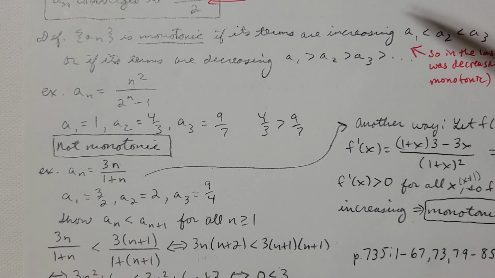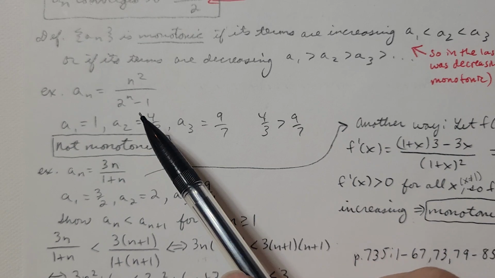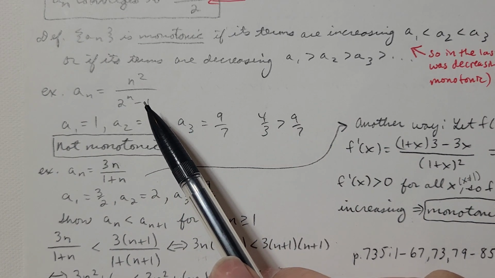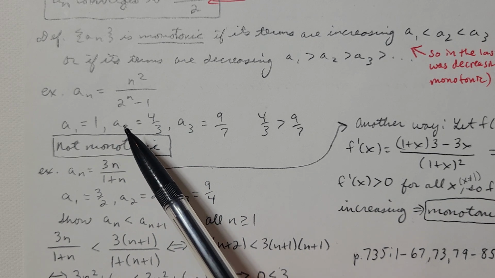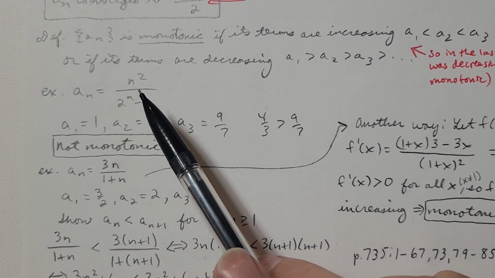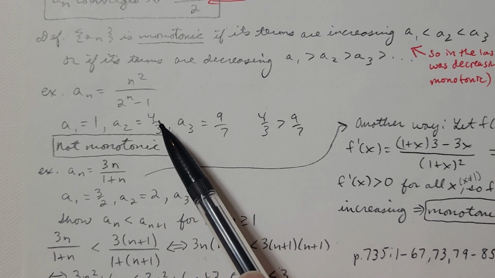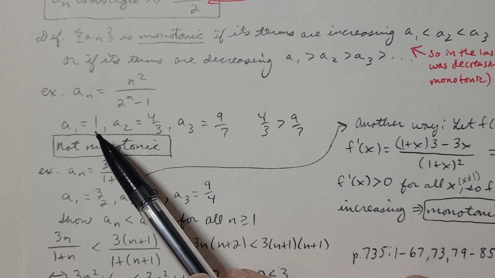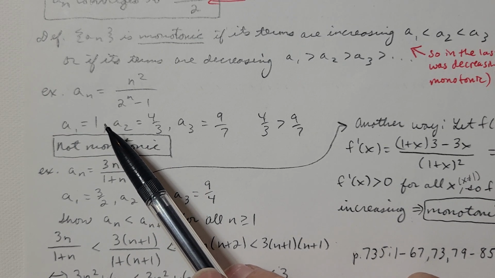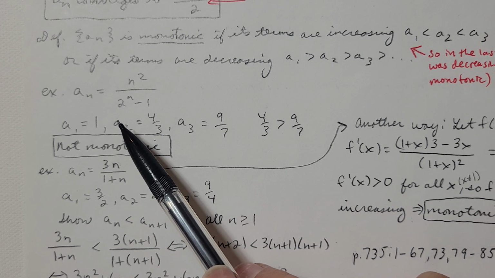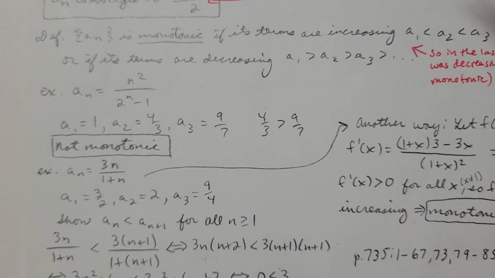If n is 1, I got a sub 1 is 1 divided by 2 minus 1, which is 1. A sub 2 would be 2 squared is 4, divided by 2 squared is 4, minus 1 is 3, so 4/3. So 4/3 is bigger than 1, right? If it were going to be monotonic, all the terms have to be increasing.